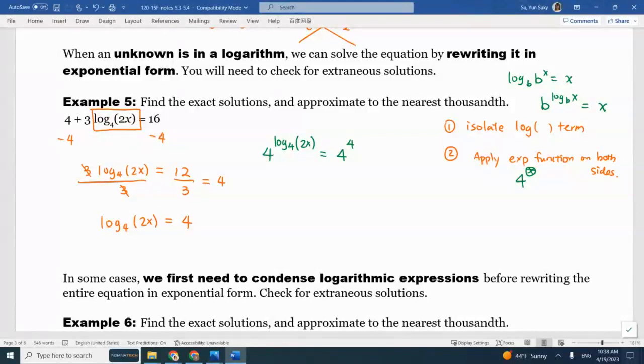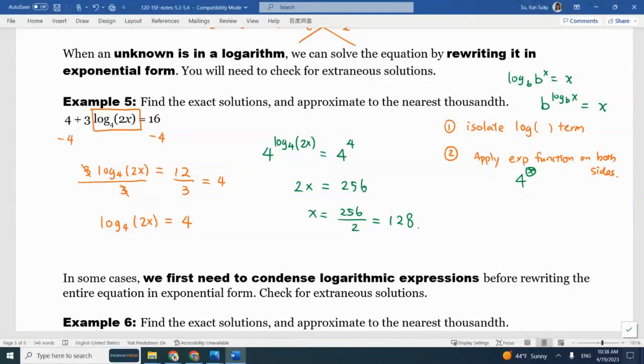Do you know what is 4 to the 4th? Use your calculator. 256, thank you. Okay, how do we solve for x? We divide by 2, and what do you get, Alice? 128.